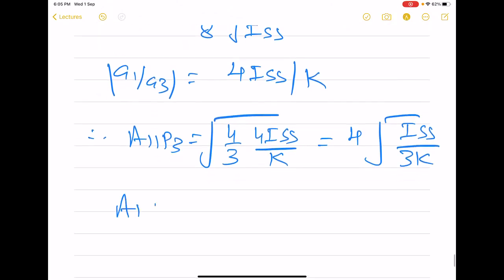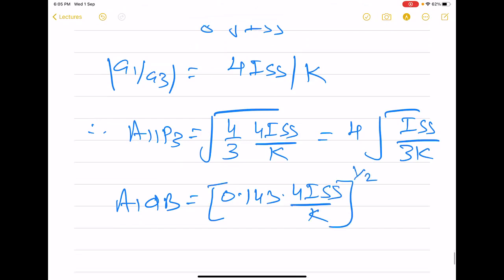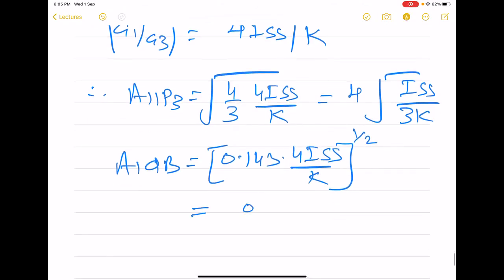And A1dB as 0.1434 ISS by K, which is equal to 0.572 square root of ISS by K.